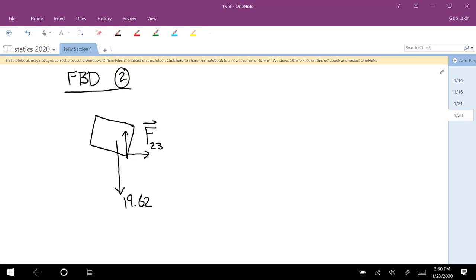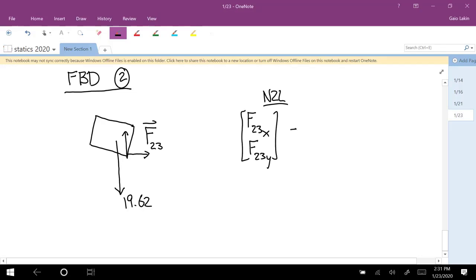Okay, well, this one, since we don't have any vectors with known directions at funny angles, we can go right to Newton's second law here. Newton's second law says F23x, F23y plus 0, negative 19.62 is equal to zeros.